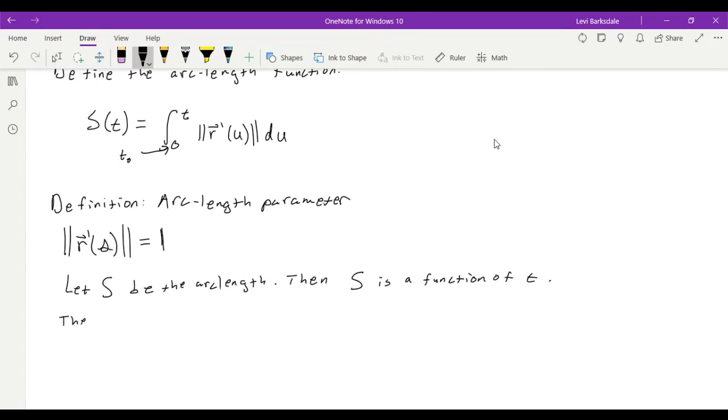Then when we take this function of t and plug it into our vector valued function, that is the arc length parameter.